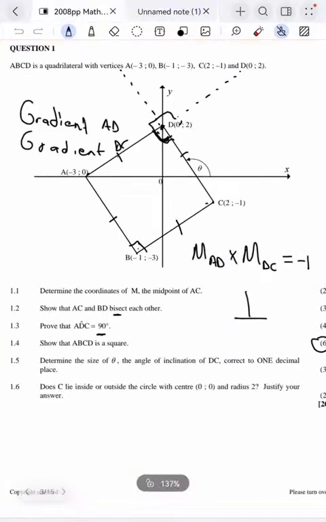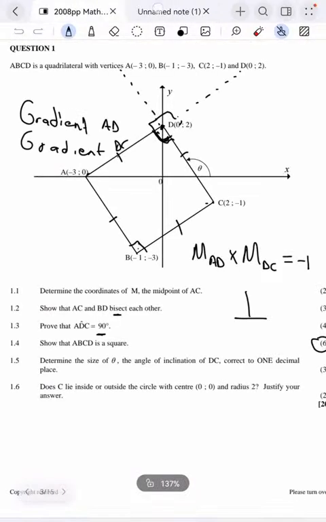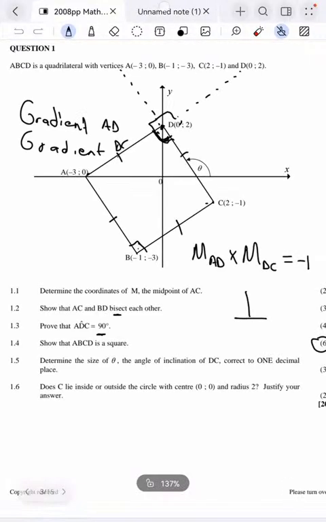It is by proving that AD is equal to DC is equal to CB is equal to AB. To make this easy, let's write all these coordinates first here so that we can continue without having to go back and forth. Okay, cool.